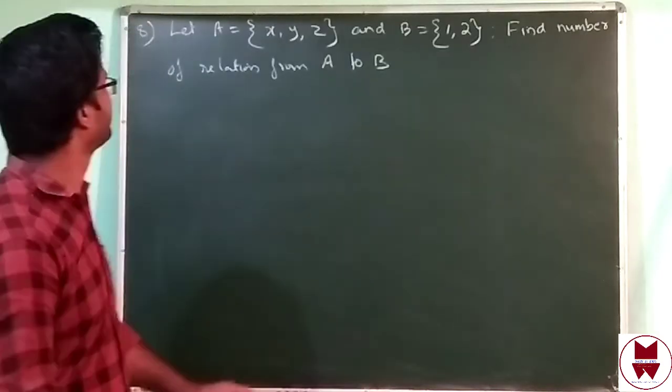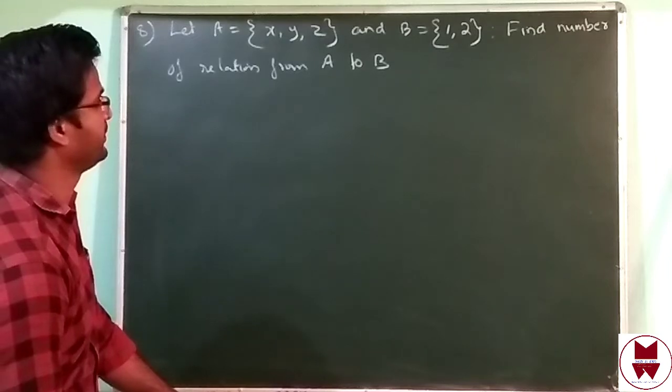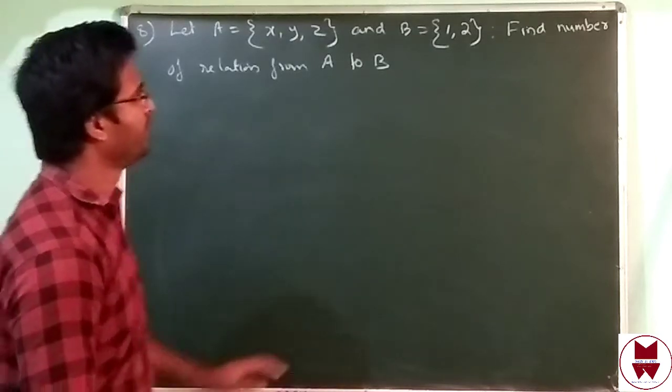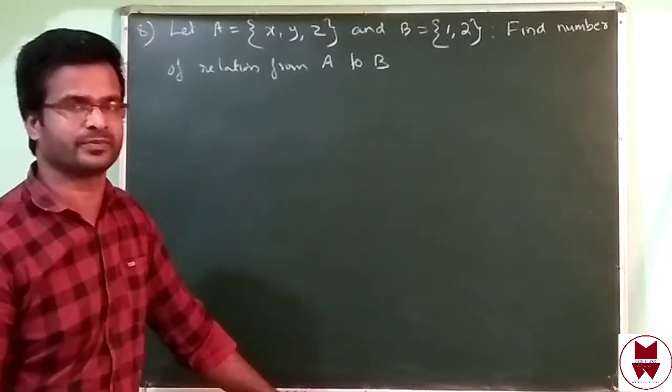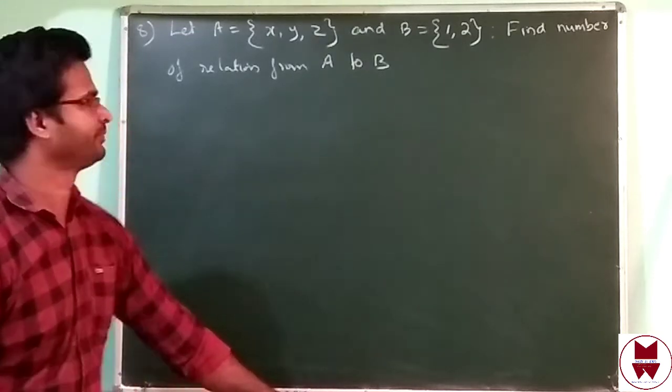Question number 8. Let A equal the set {x, y, z}, B equal the set {1, 2}. Find the number of relations from A to B. How many relations can we make from A to B?